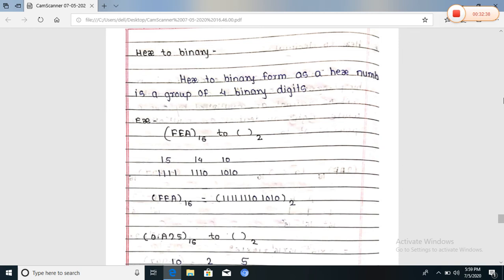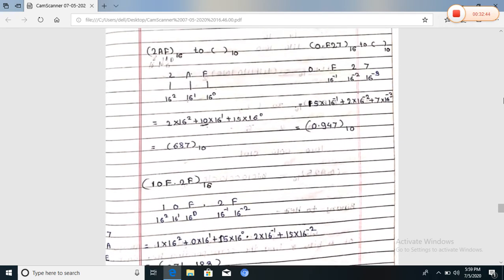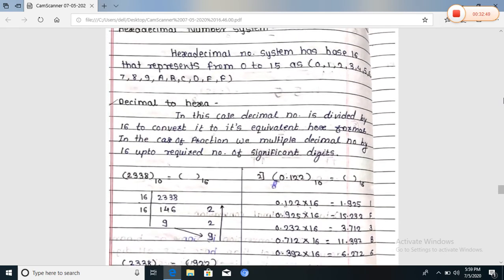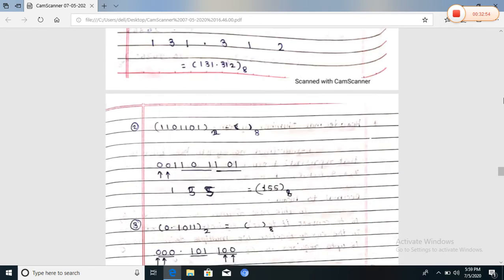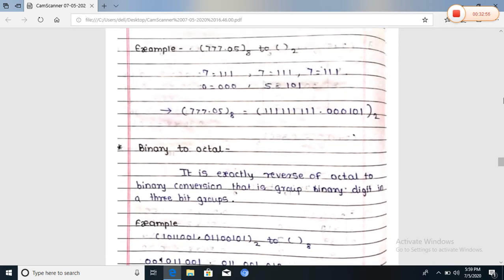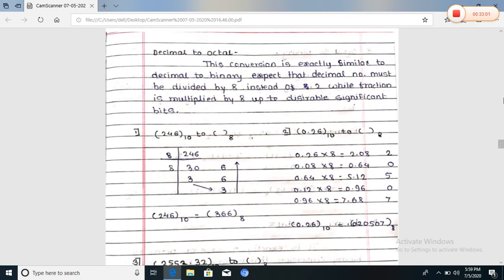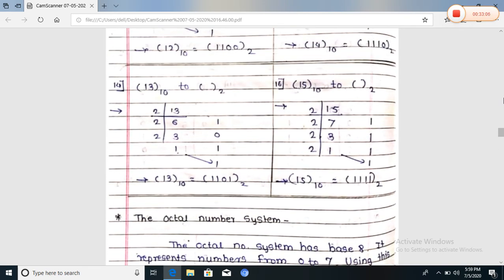First, practice converting the numbers 0 to 15. Take 15, convert decimal to binary: 15 is represented as 1111, in 4 digits.